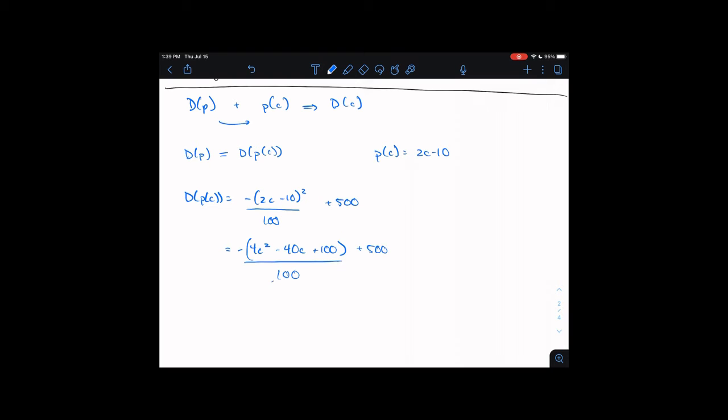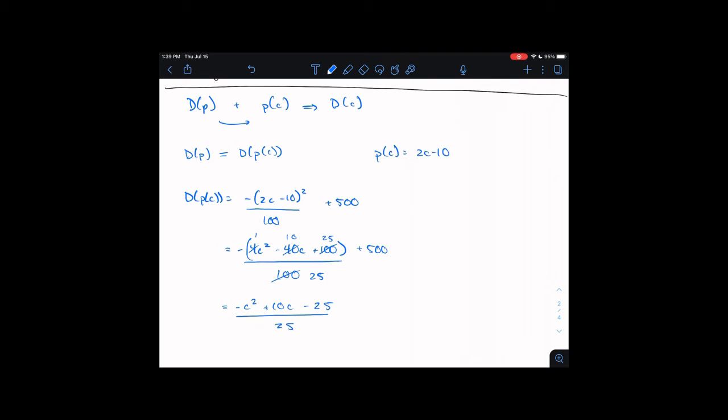We can cancel out a 4 here, so 25, 1, 10, 5. Distributing that negative sign through, we have negative c squared plus 10c minus 25, all over 25.